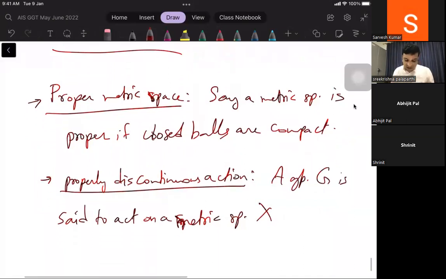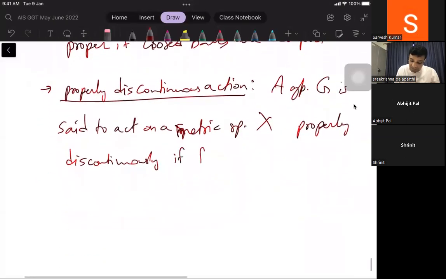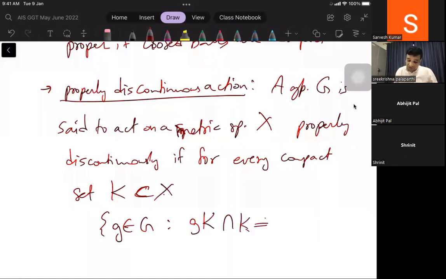A group G is said to act on a metric space X properly discontinuously if for every compact set K contained in X, the set of all g such that K and gK are not disjoint is finite.